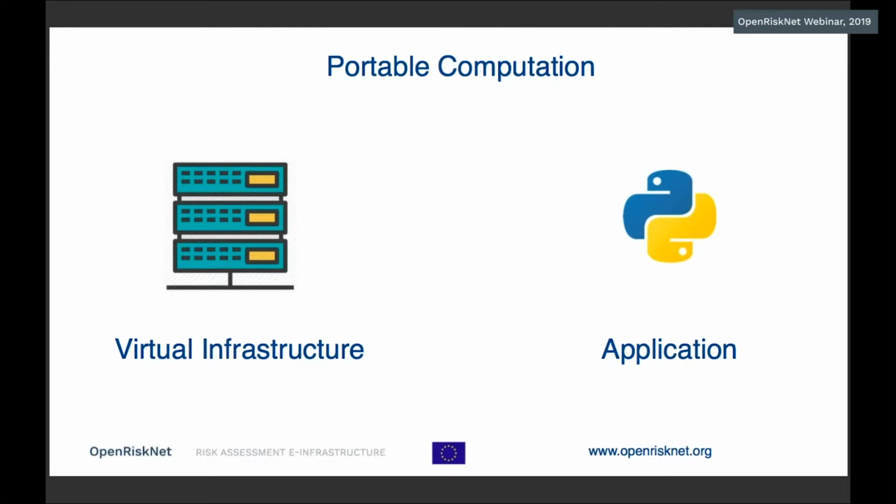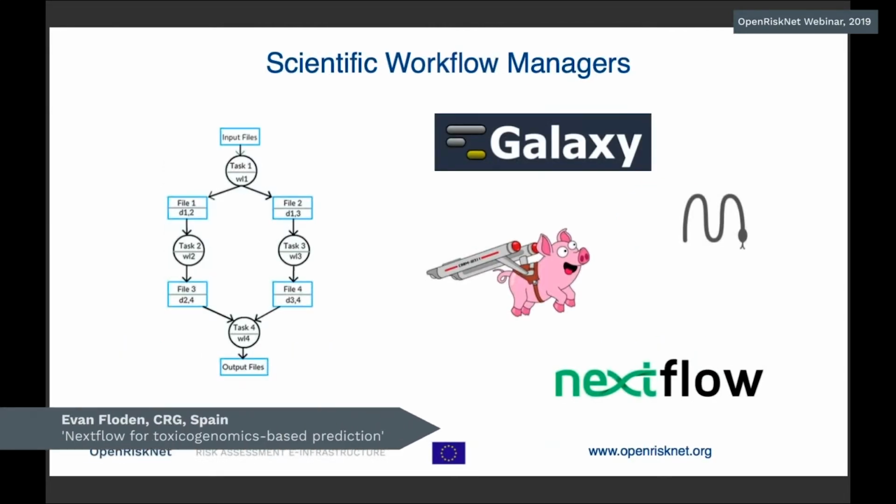So the solution that most people are working on, and have decided on as a good way to do this portable computation, is scientific workflows. Scientific workflows are increasingly being used in scientific disciplines now. They're very useful when you have jobs which are parallel or distributed, and they allow you to define the task, a specific set of steps which you go through.